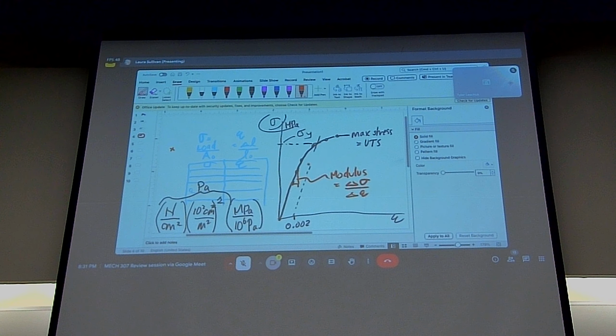And the change in stress should be in megapascals. Strain doesn't have any units. So if you use this method, you've got your original load deformation curve, you're turning that into a table, you're calculating stress and strain, and then you're plotting stress and strain to get your values.